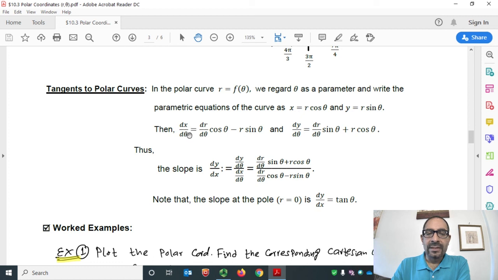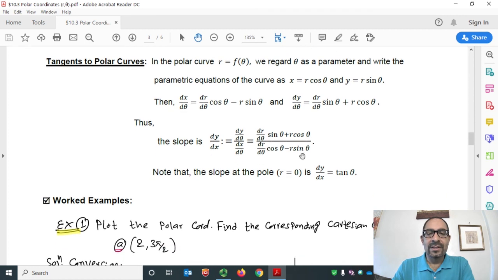So dx over d theta equals dr over d theta, keep cosine theta as it is, then r times the derivative of cosine theta, which turns out to be negative sine theta. Similarly, dy over d theta becomes dr over d theta times sine theta plus r cosine theta. Then the slope is dy over dx equals dy over d theta all over dx over d theta.